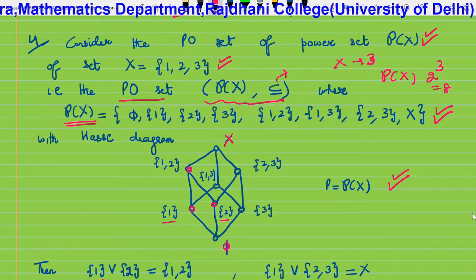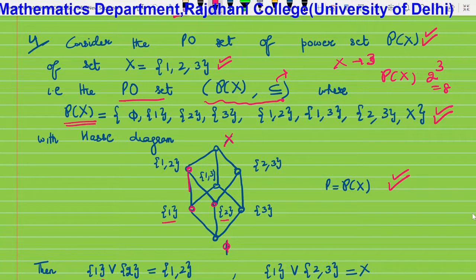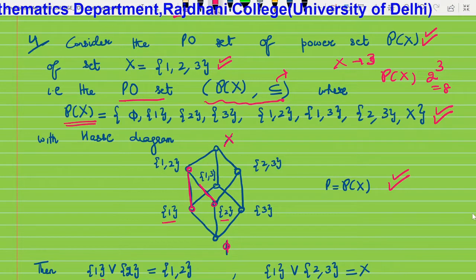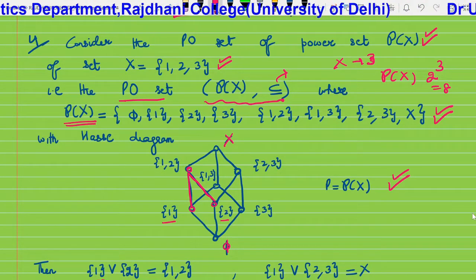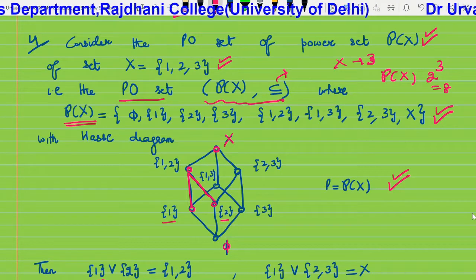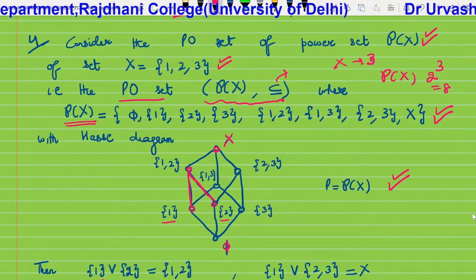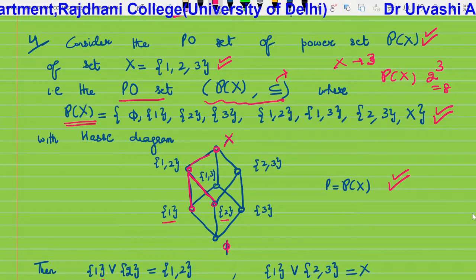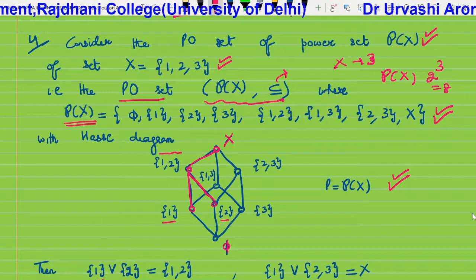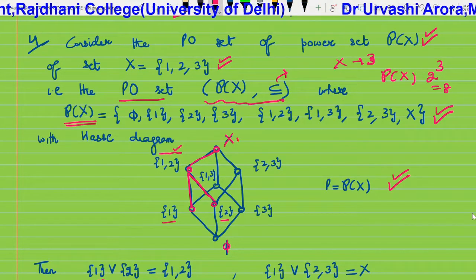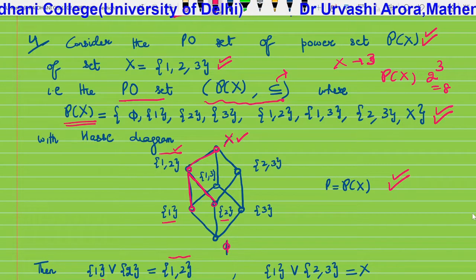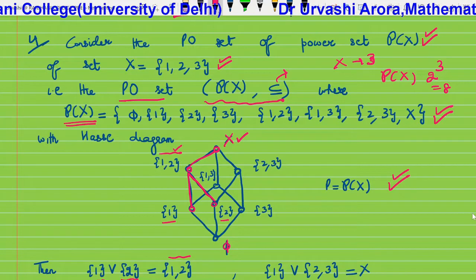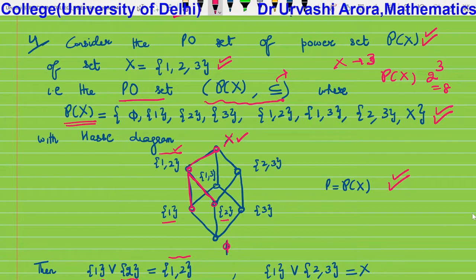We can just see that the element at the top of 1 and 2 both, which is this one, is an upper bound, and it also happens to be the least upper bound, because X is another upper bound we have for 1 and 2, but out of this {1,2} and this X, the one which is lower, or least, is {1,2}. So the join of singleton 1 and singleton 2 is {1,2}.